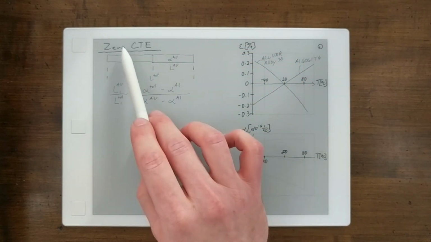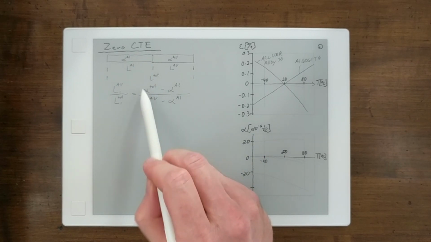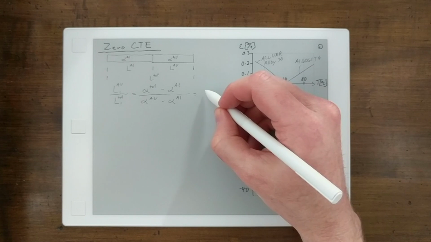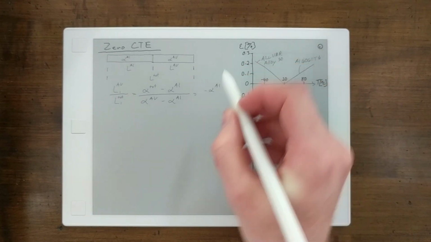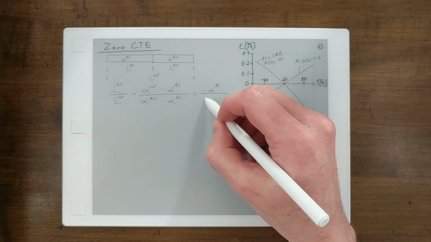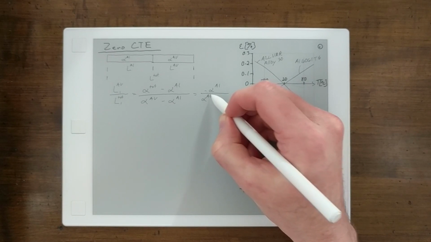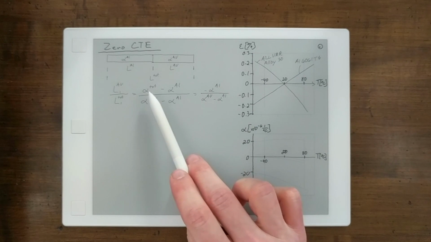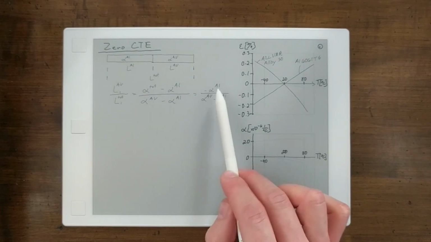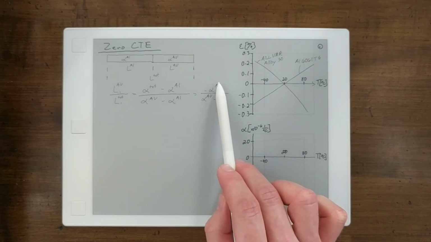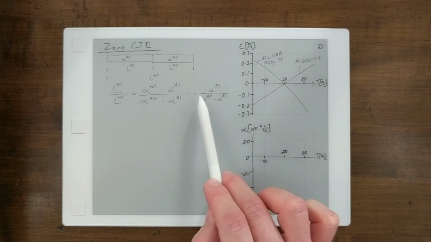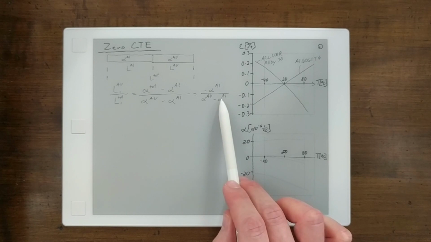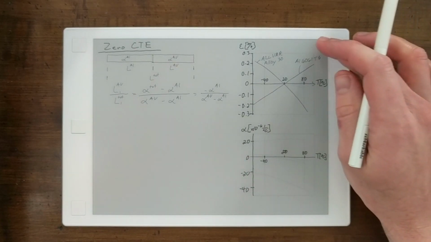So if we want 0 coefficient of thermal expansion, this term goes to 0, and we're left with negative alpha aluminum divided by alpha ALLVAR minus alpha aluminum. So if we want 0 coefficient of thermal expansion, it's the simple ratio of the aluminum thermal expansion divided by the difference between the ALLVAR and the aluminum coefficients of thermal expansion.